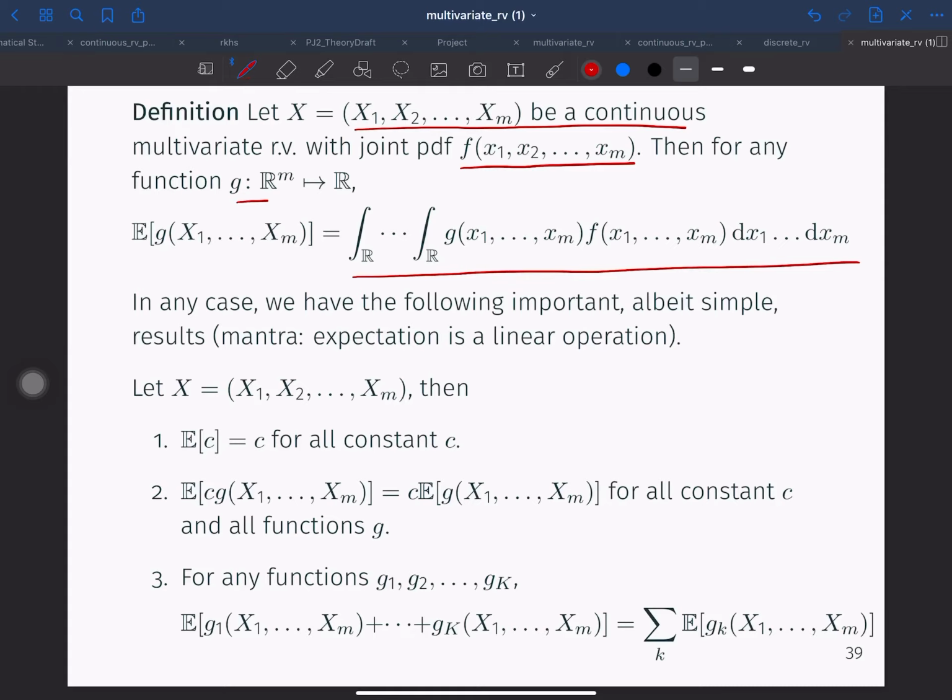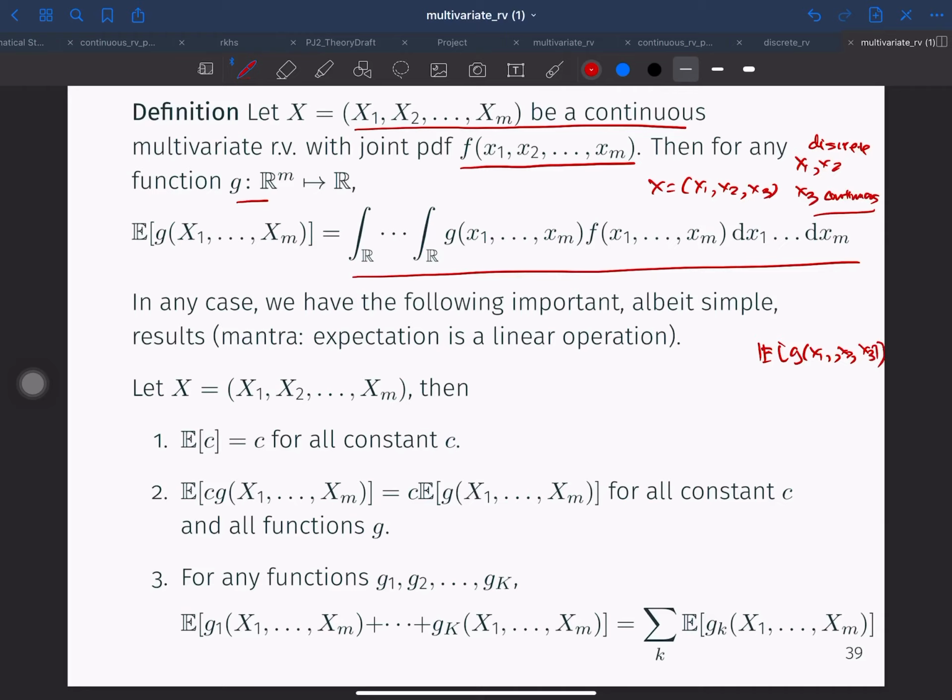One thing that we have tried to avoid talking about in this class is what happens when you have, say, X equal to (X1, X2, X3), where X1 and X2 are discrete and X3 is continuous. So how should you define, say, the expected value of g(X1, X2, X3)?